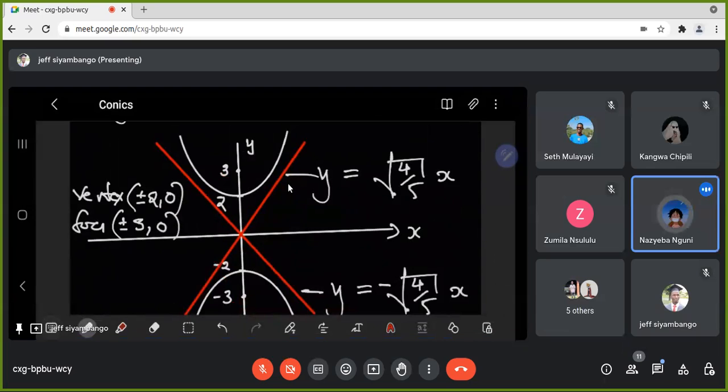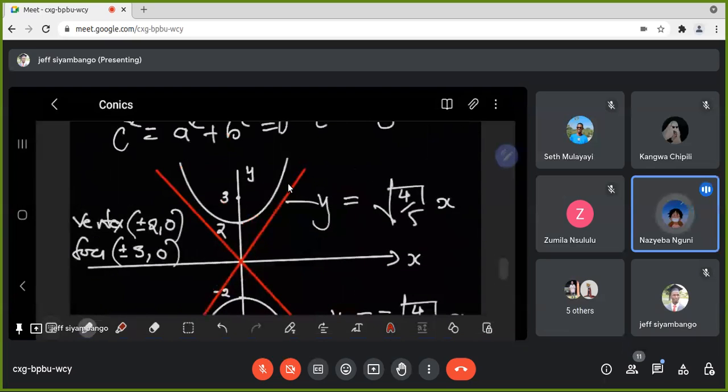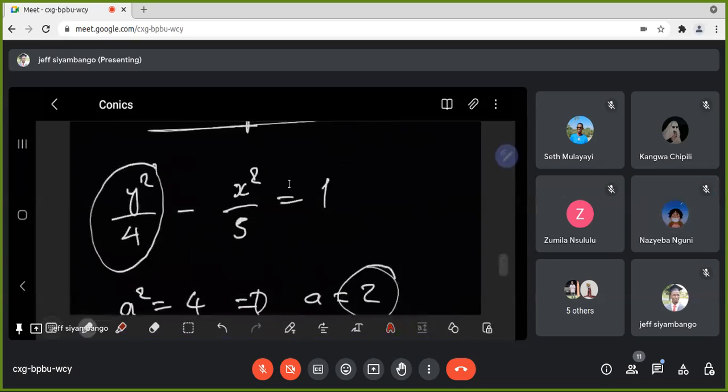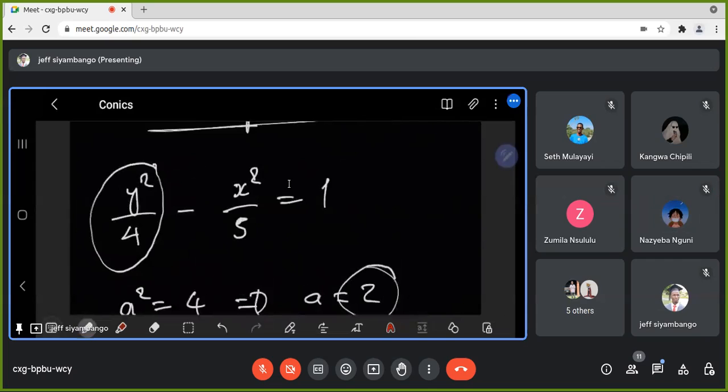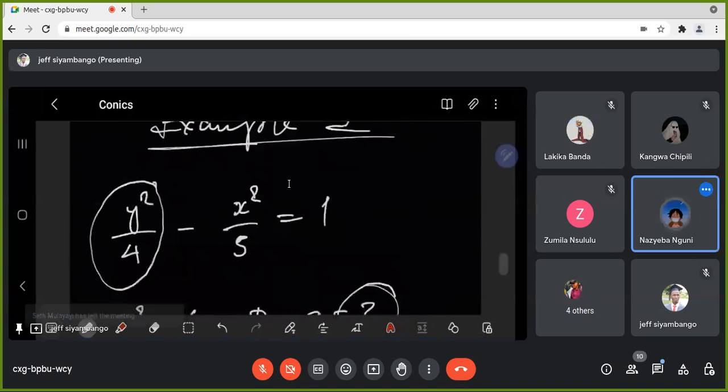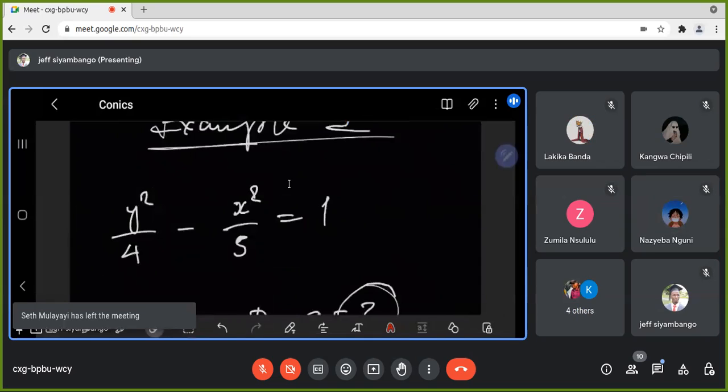But we take the major vertices as the larger number. No, we used that for the ellipse. For this one, we moved away from that. I think I specified you only do this for an ellipse. Oh, all right. So you always take the one that is the first? The one that is not negative.